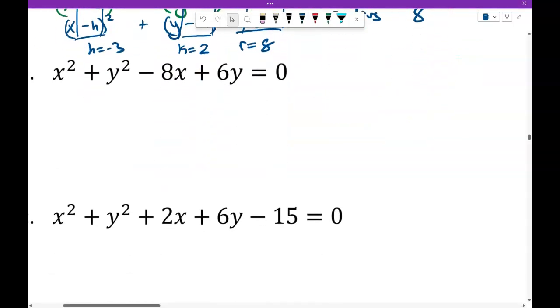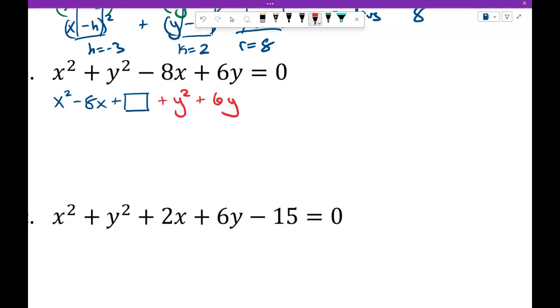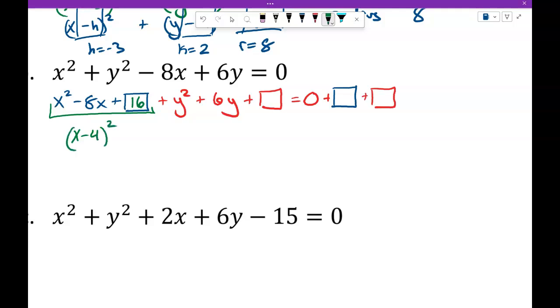To complete the square again, we'll follow the same steps. I encourage you to pause and try it on your own first. This one is pretty easy. We group the like variables, and since there's no constant, we just have 0 plus the two things we'll be adding when we complete the square. We'll complete the square on x, giving us 16, x minus 4 squared.